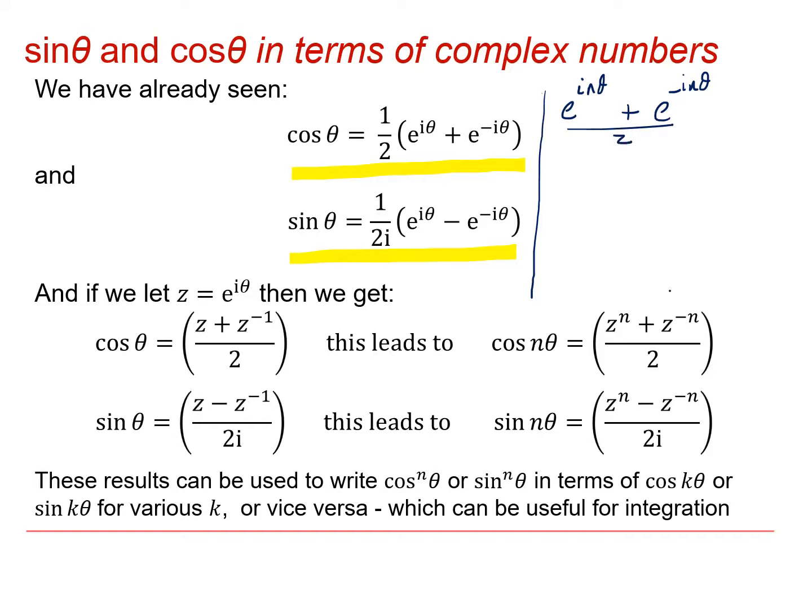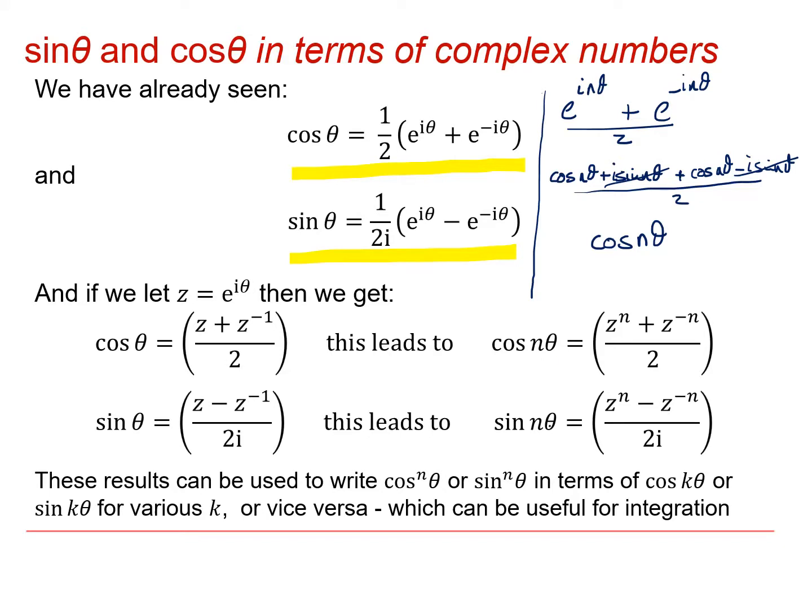So if we have a look at the whole lot over 2, then this thing is cos n theta plus i sine n theta plus cos n theta minus i sine n theta, and the whole lot is over 2. Well, these two bits cancel, the i sine n theta and the minus i sine n theta, so this really does give me cos n theta.